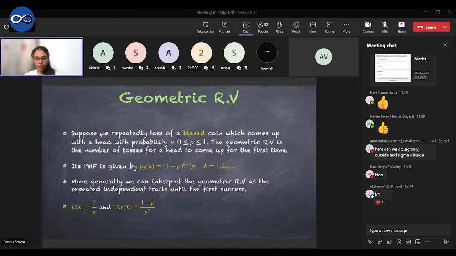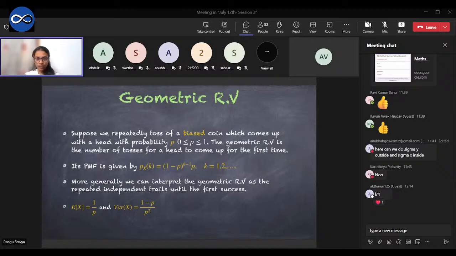More generally, we can interpret the geometric random variable as the repeated independent trials until the first success. So generally we can interpret it to be the number of trials until the first success occurs. Here, that first success is the first head when it is coming. In this example, it is the head. In general, it will be the number of trials until the first success.